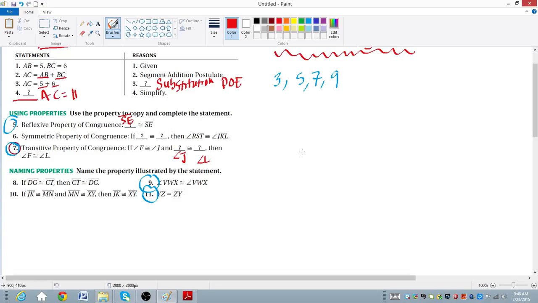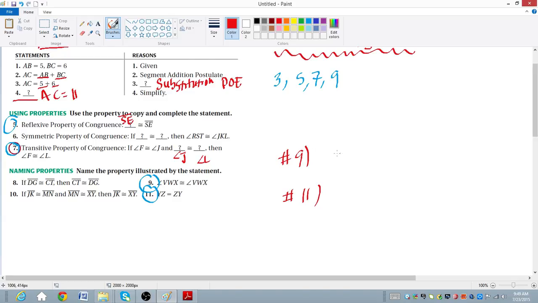Now number 9 and number 11. You can see that angle VWX is congruent to angle VWX. Well, that is the reflexive property, but then this is reflexive of congruence.